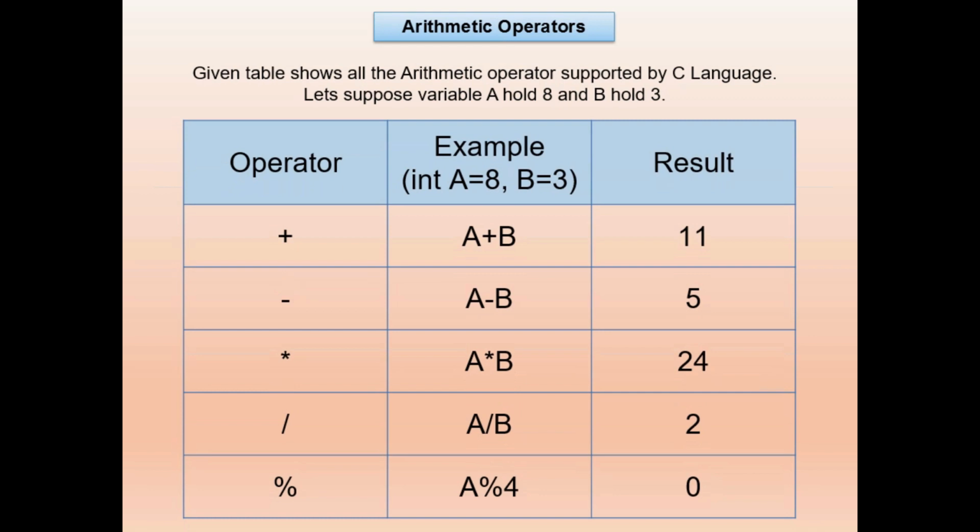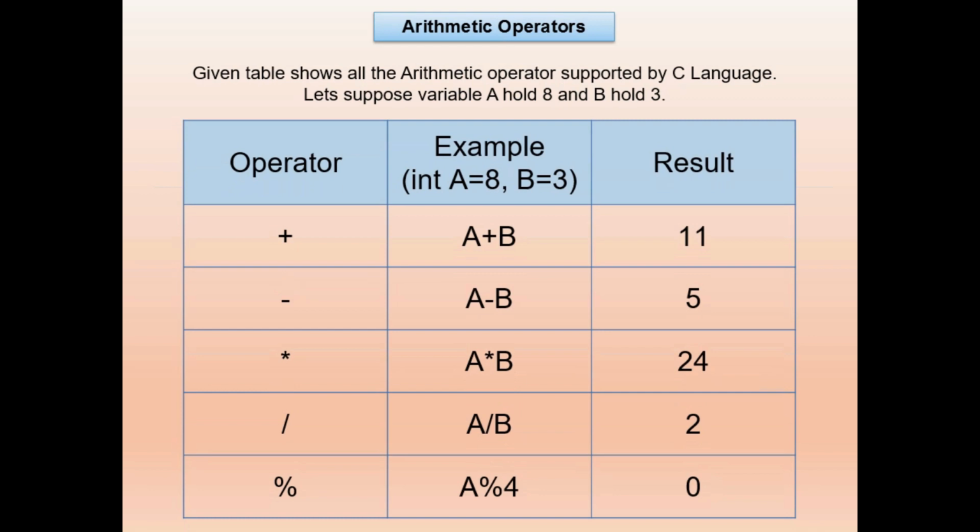If we use the minus operator, a - b, the answer is 5. Then the multiplication operator, represented by the symbol star: a multiplied by b gives a result of 24. Then the division symbol: a divided by b gives a result of 2.